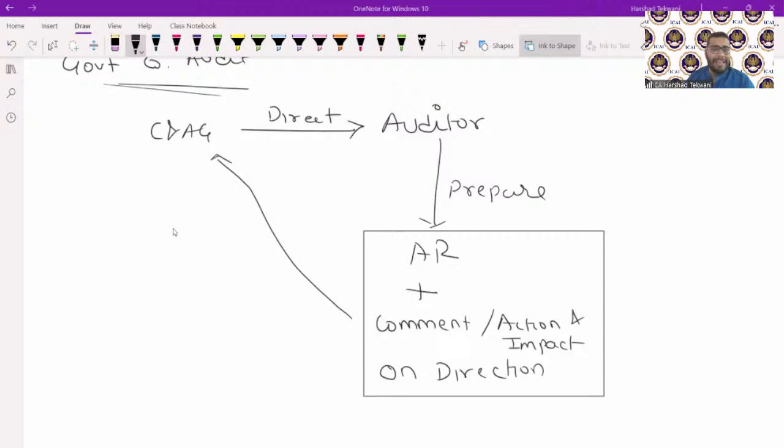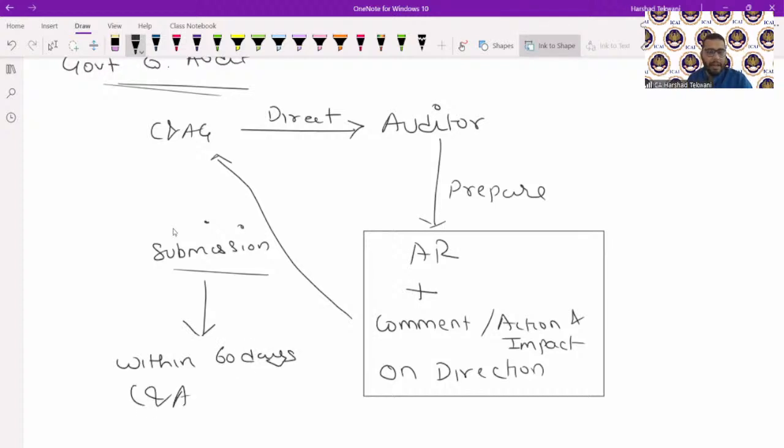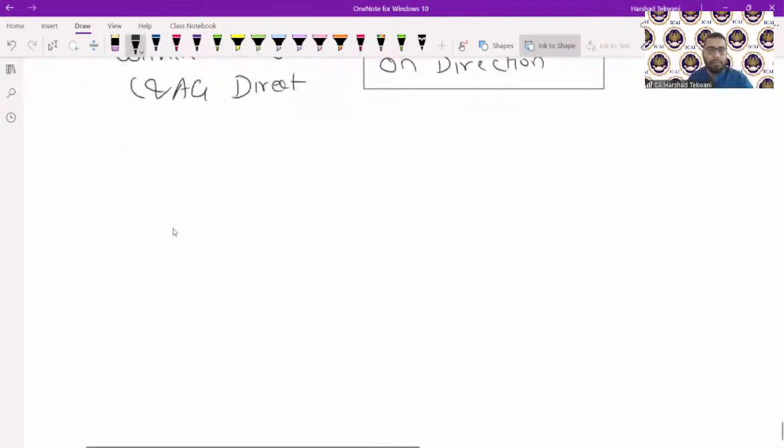So CAG can, within 60 days of this submission, direct a supplementary audit.